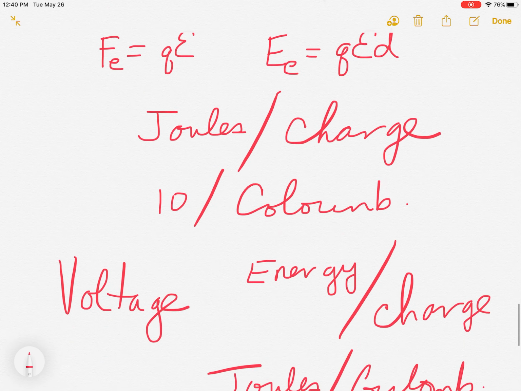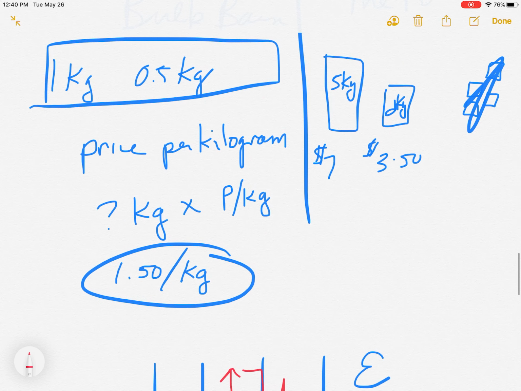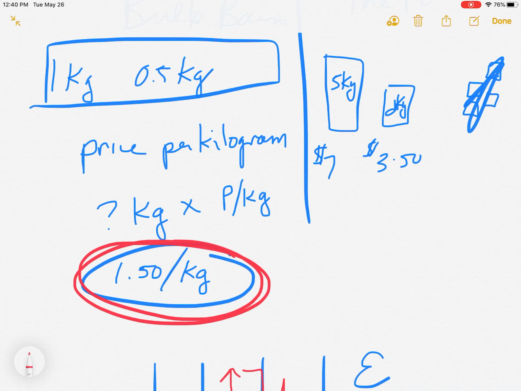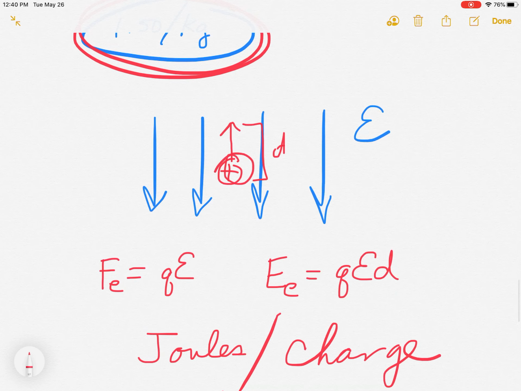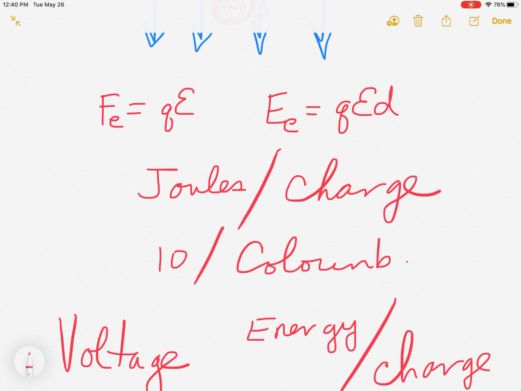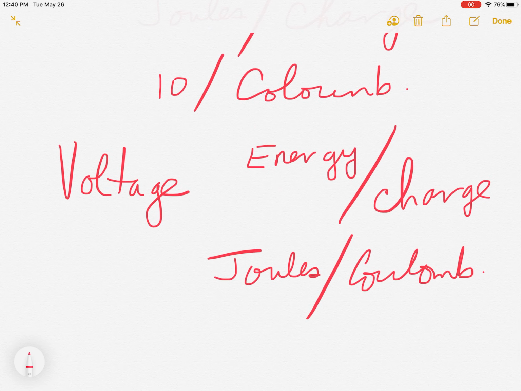It's the amount of joules for every coulomb of charge. And it's just a shortcut that allows us to do just like we do at the bulk barn. It allows us to say, okay, I don't know how many kilograms I am going to get, but I know if I multiply them by 150, it'll be the price. Here, we don't know how many coulombs we're going to put here. But if we know what the price is, or the voltage, then I can figure out what it would be by using this multiplication.